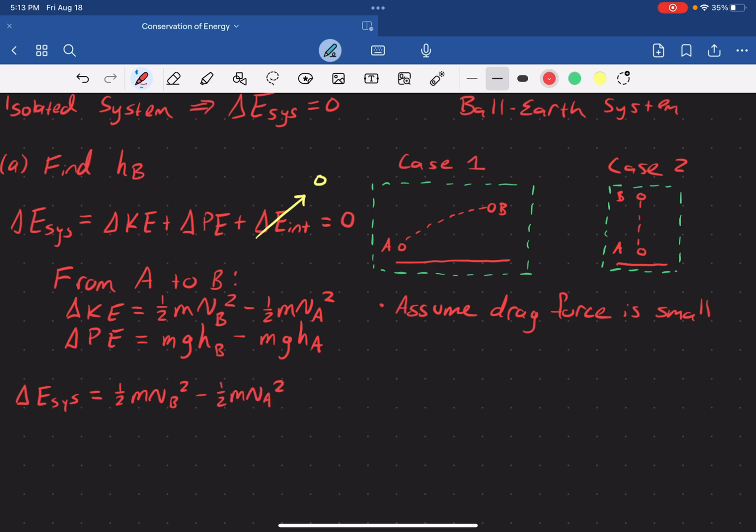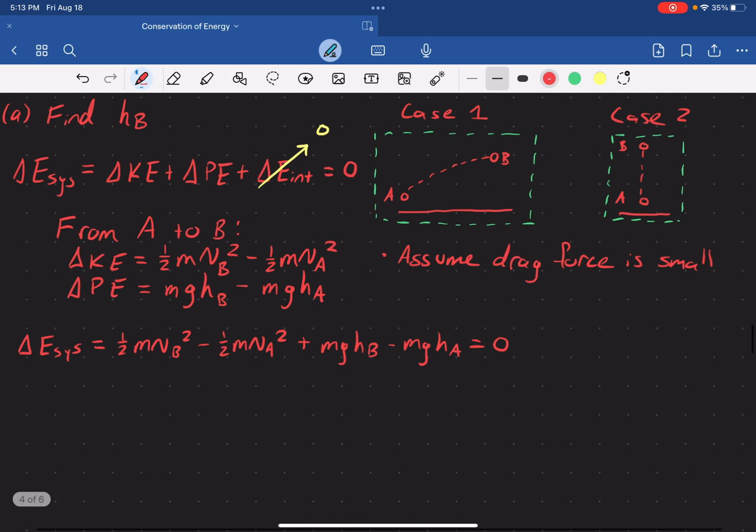We have our change in kinetic energy. And our change in potential energy. Now you can see that we can cancel out this common mass term.